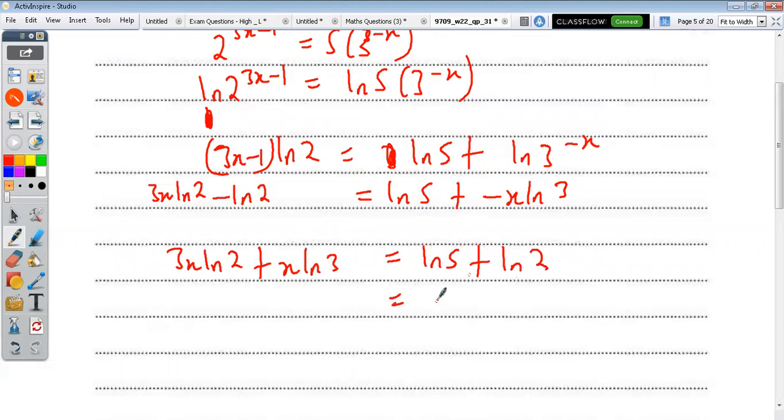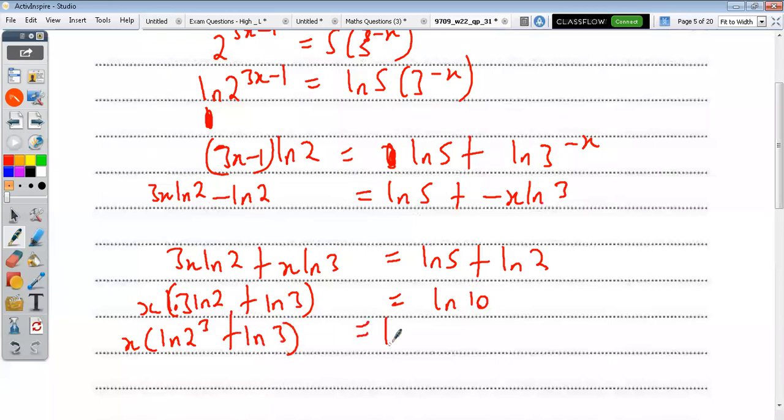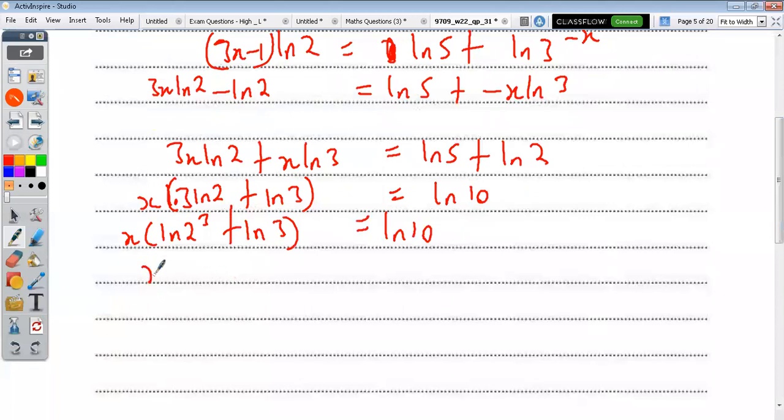When we are adding, we multiply, so this becomes ln 10. Factor out the x here, that's x in brackets (3 ln 2 plus ln 3). Then this is the same as ln 2 to the power of 3 plus ln 3 is equal to ln 10. Then this is x bracket (ln 8 plus ln 3) is equal to ln 10.